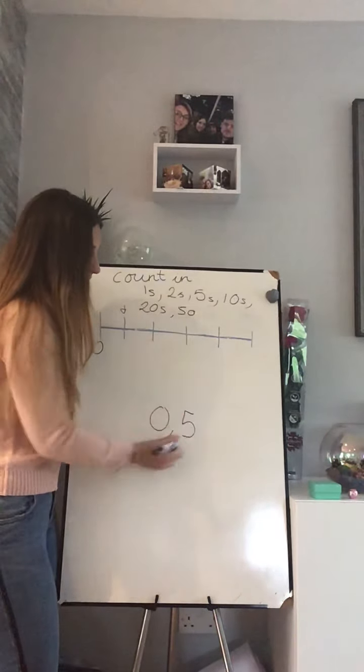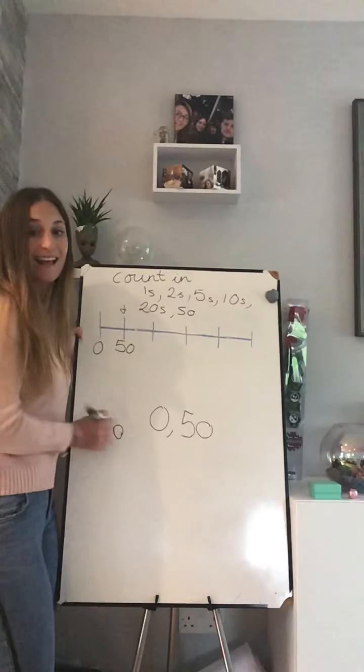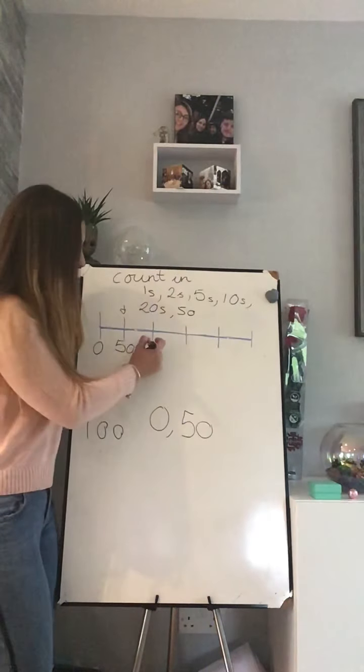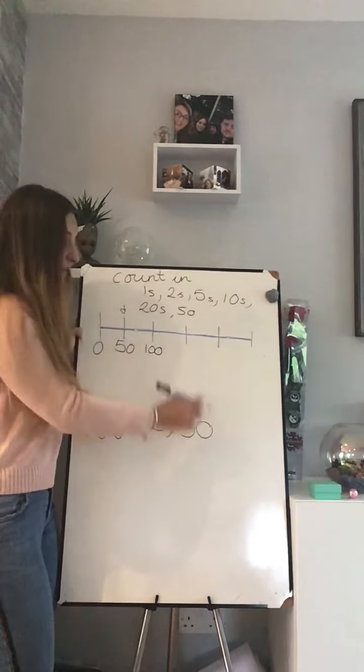Okay? So let's start with 0. What number will be there? 50. What will be my next one? 100. 150.